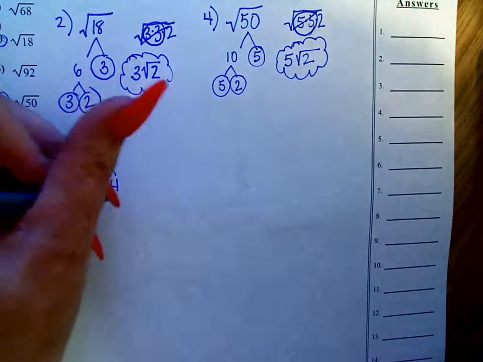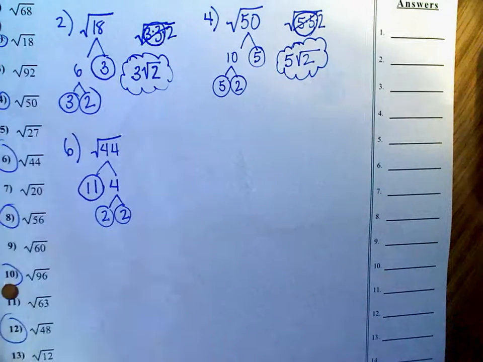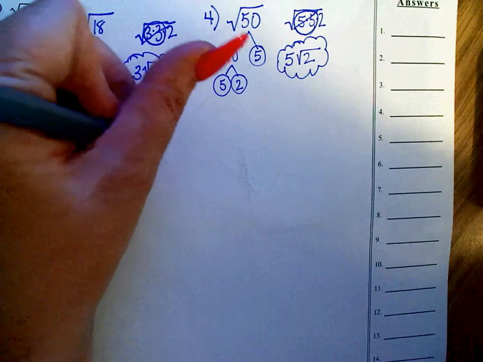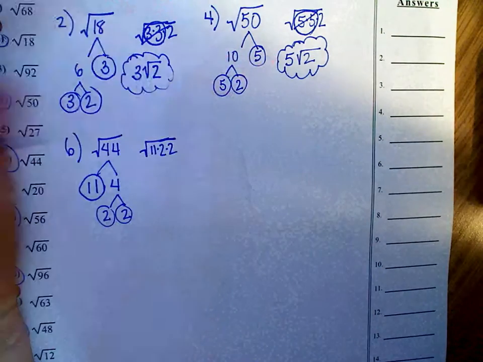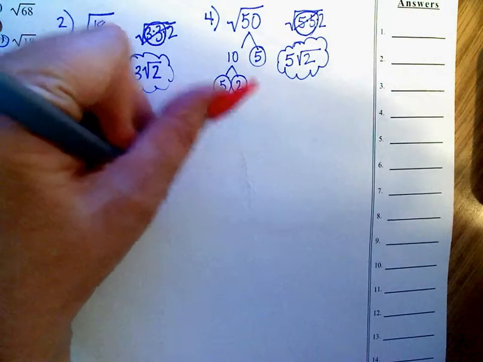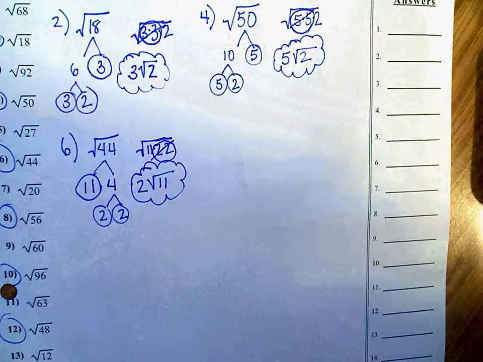So 11 is actually prime, so circle it. And then for 4, that's 2 times 2. Okay, so 11 times 2 times 2. Circle your pair, cross it out, put one of those on the outside, and you get your answer.